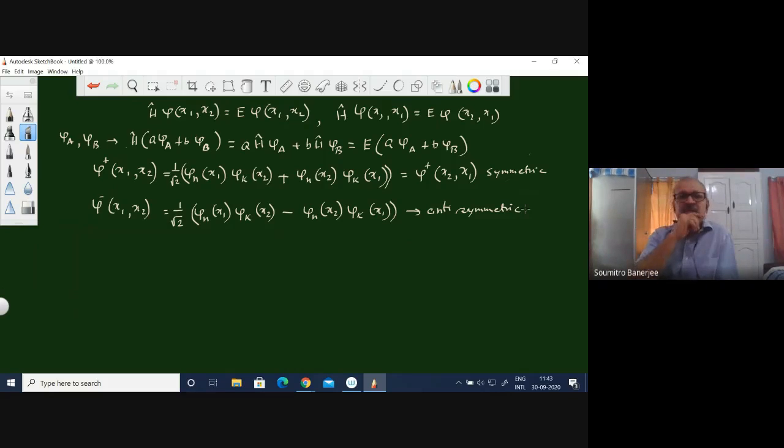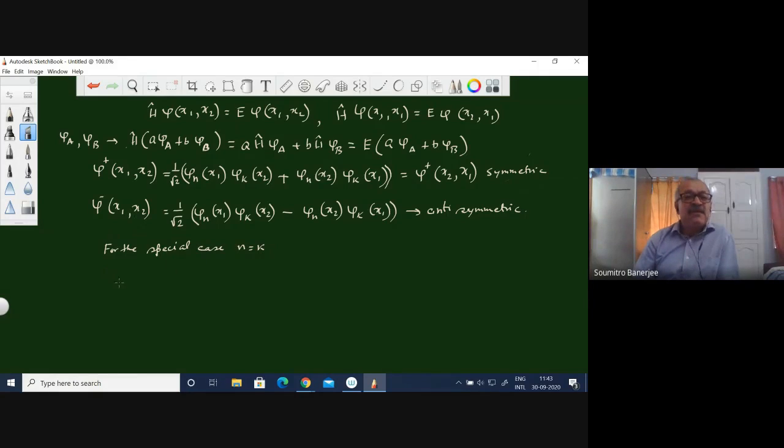One interesting thing you might note at this stage, that suppose for the spatial case, n is equal to k, what happens to this?